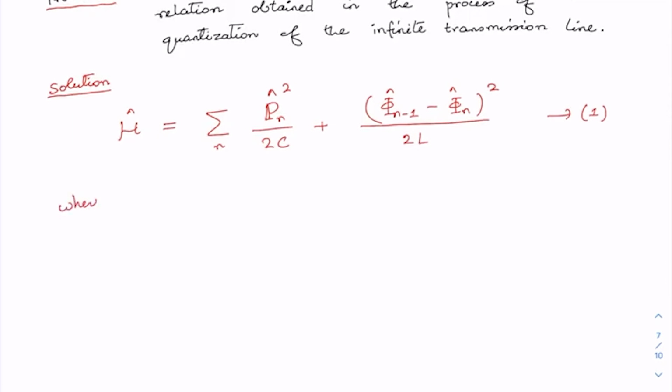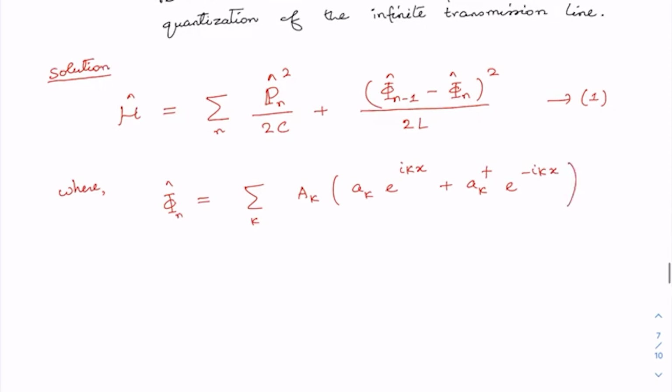And here phi n is equal to the sum over k, where k lies between minus pi by a to plus pi by a, of amplitude into (ak, the annihilation operator, e to the power ikx plus ak dagger e to the power minus ikx).